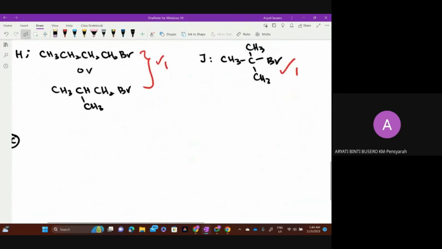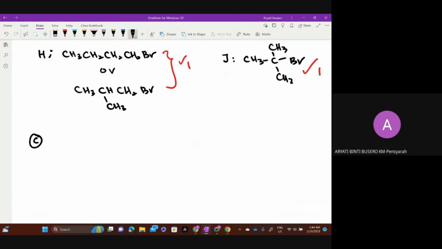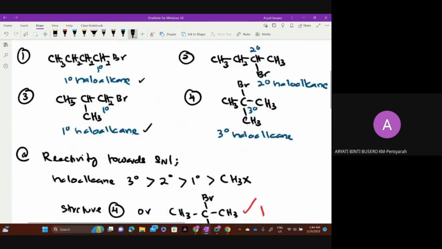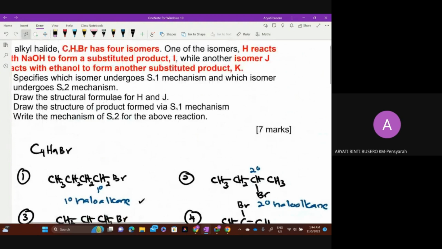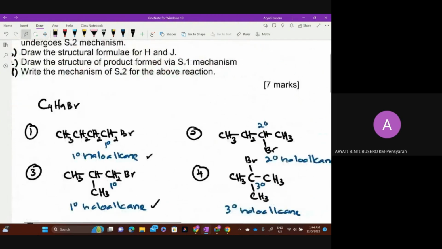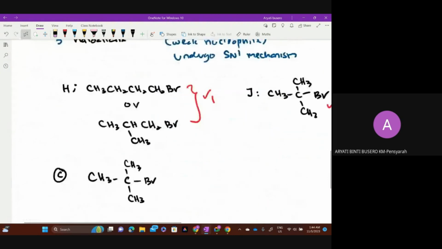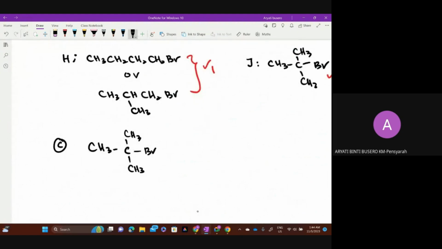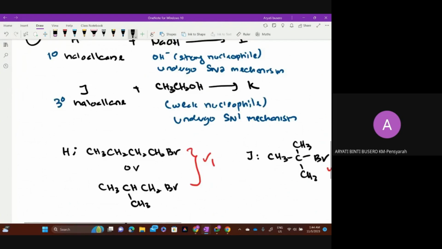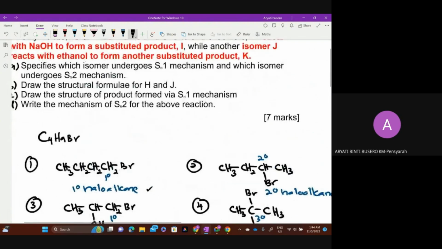So tu bagi J. So kita salinlah balik. CH3 C CH3, CH3 Br. Okay, so dia akan undergo reaction dengan tadi kita gunakan ialah ethanol. Tak salah dalam soalan dia.